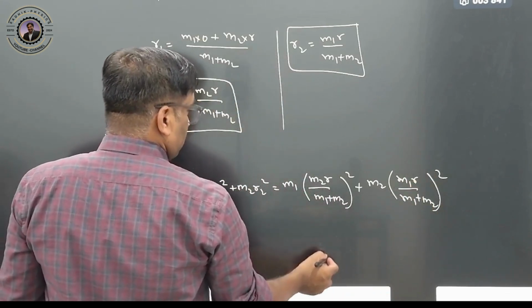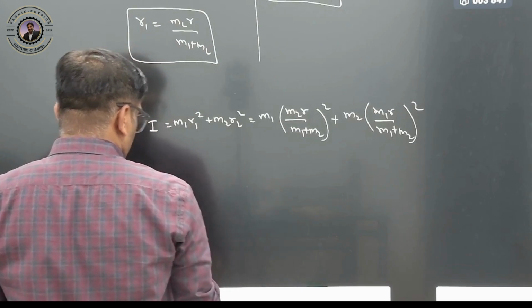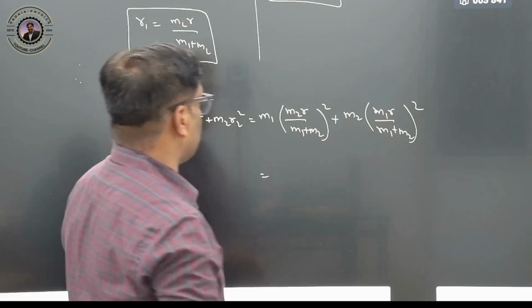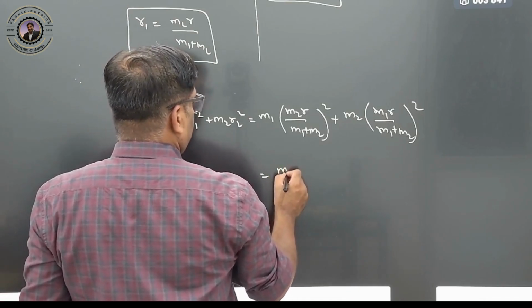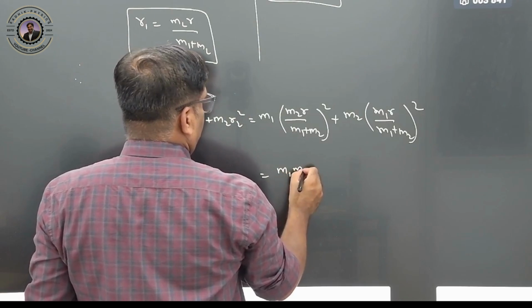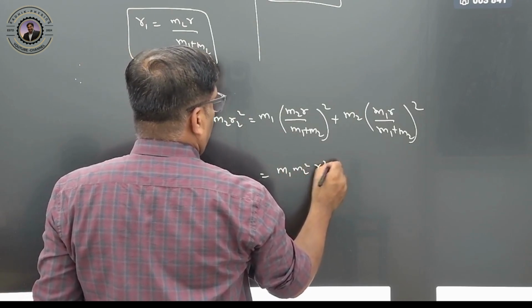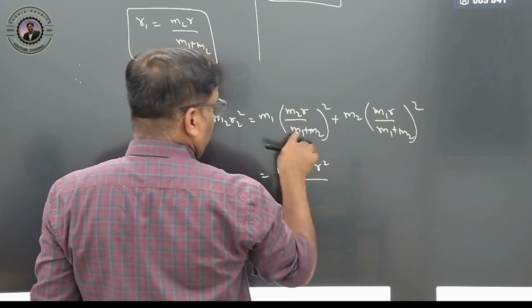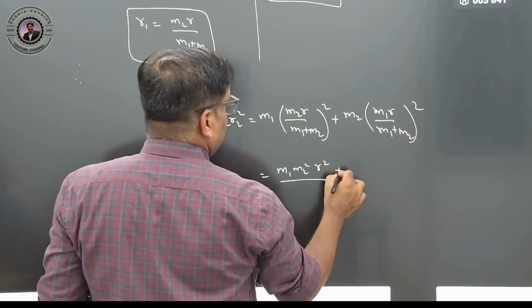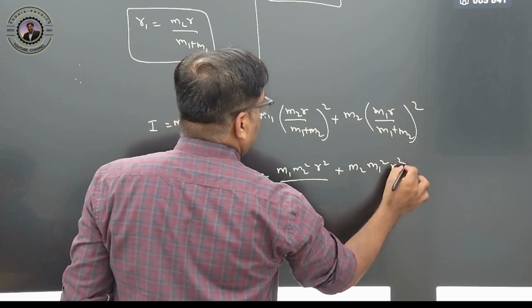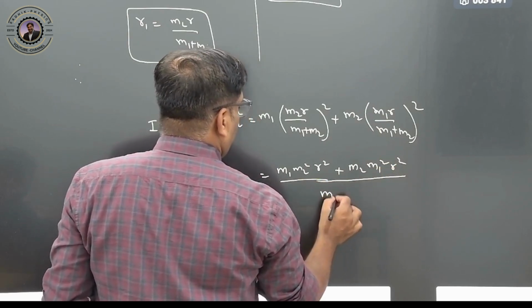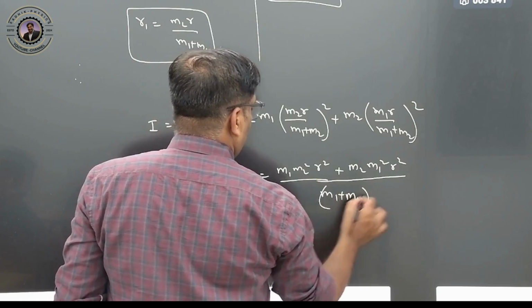Clear? So you can just solve this one, you can get it easily. Here it is just mathematics: m1 m2 square into r square by (m1 plus m2) whole square, same thing, m2 into m1 square r square totally by (m1 plus m2) whole square.